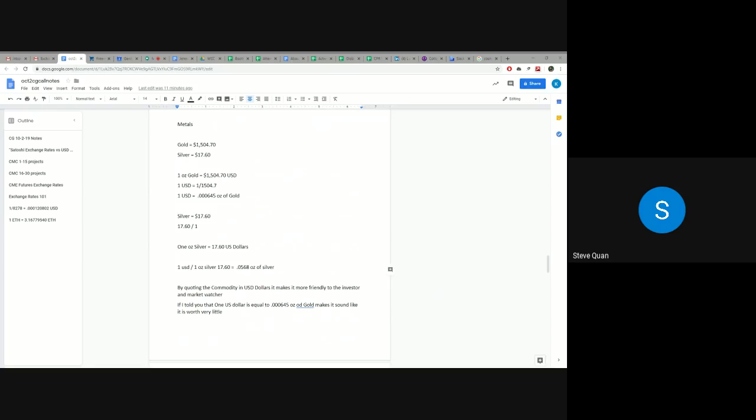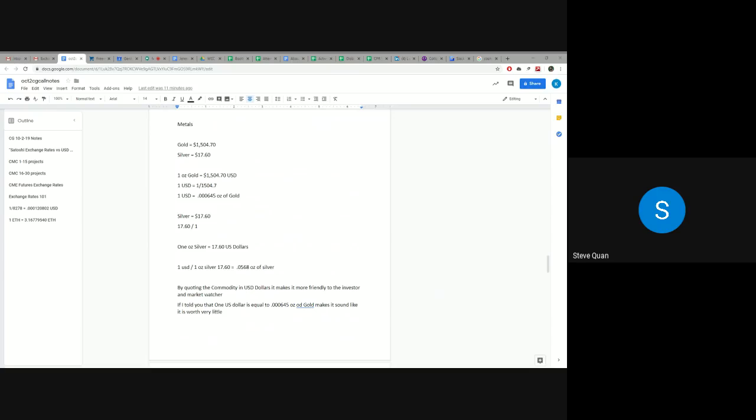So if we quoted everything in US dollar terms, it makes it, I guess, very friendly towards the investor. If we quote it in gold terms and you say $1 is 0.000645 ounces of gold, it makes things sound worth a lot less.